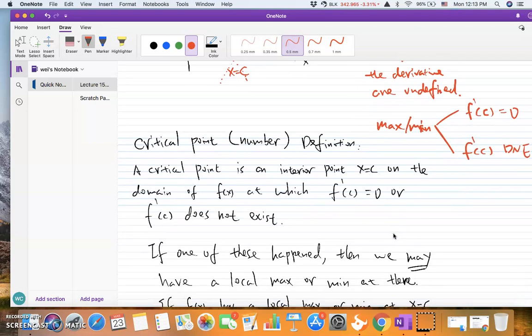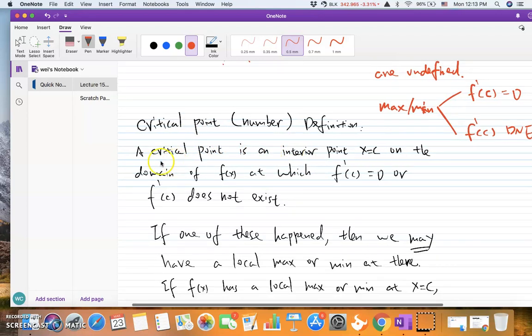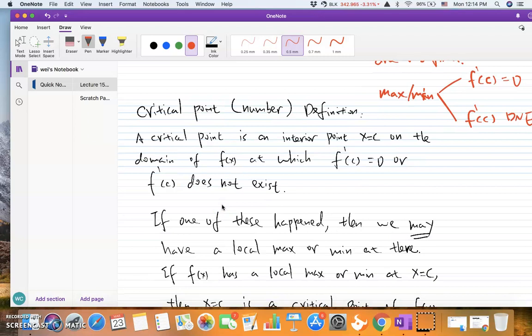Okay. So next, we look at what is called a critical point or critical number. A critical point is an interior point x equals c in the domain of a function at which the derivative is zero or the derivative does not exist.